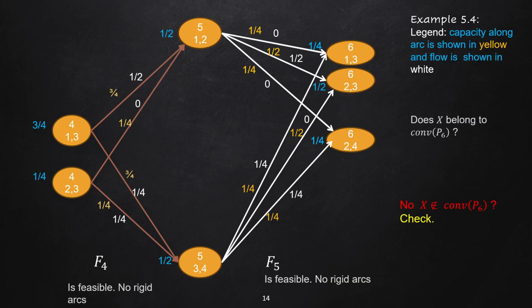But once we have that, we cannot have 613 have a flow of 1/4 from 423, because that node capacity has been saturated already.